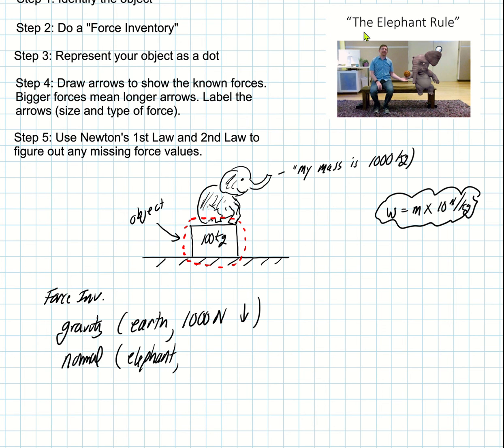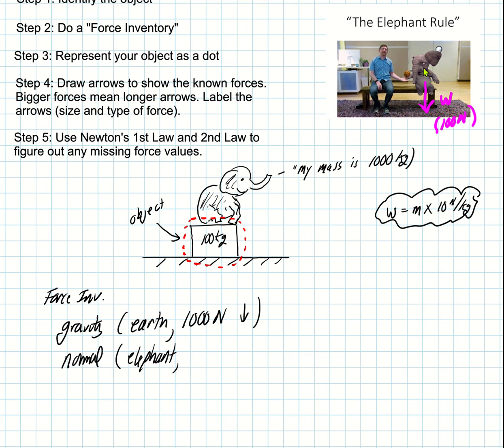That's the question. This is where we're going to use the elephant rule. What is the elephant rule? It's a little dark here, so I'm going to go for bright pink, I guess. If the earth pulls down, if the gravity force on the elephant is, just make up 1,000 newtons, that's like 220 pounds, and the elephant isn't accelerating, that means the elephant is going to push down on the crate with a force equal to its weight.